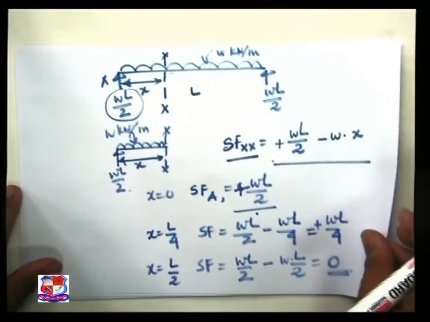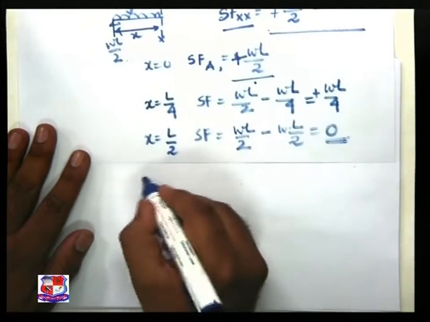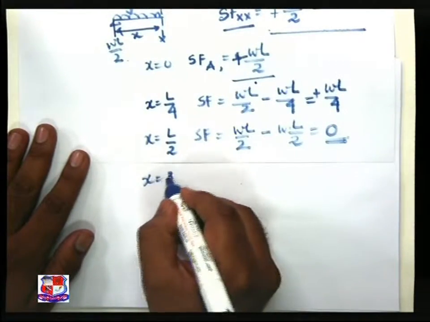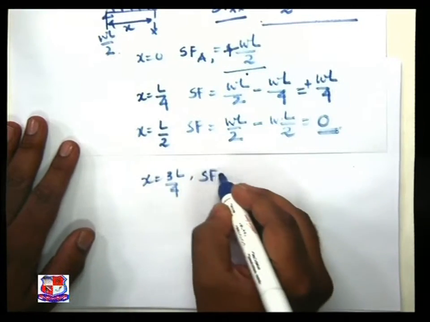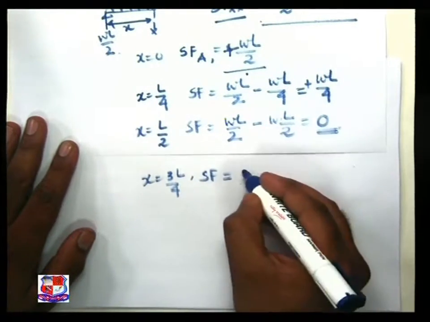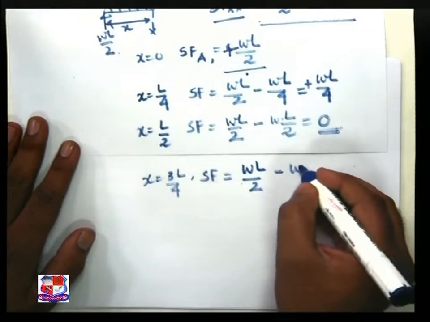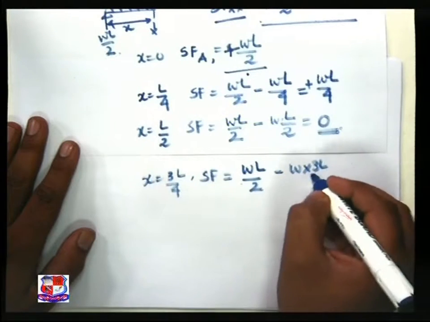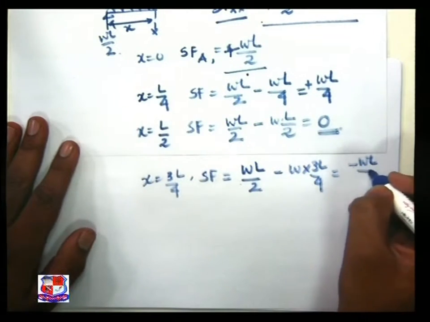If we take x is equal to 3L by 4, SF is equal to WL by 2 minus W into 3L by 4, and this gives minus WL by 4.